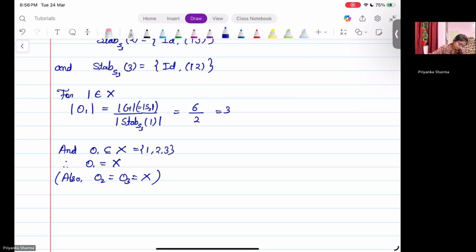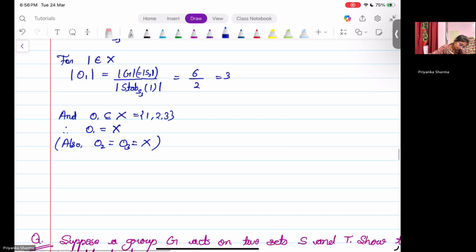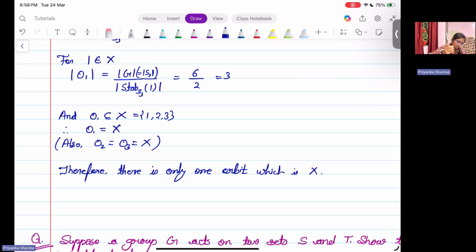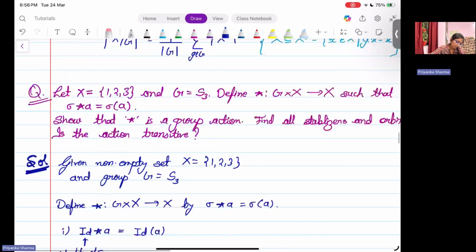Therefore, there is only one orbit, which is X. Is the action transitive?